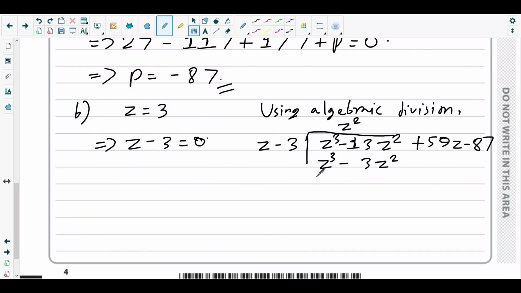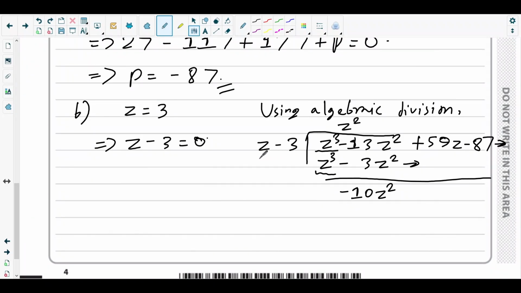So that the z cubed gets eliminated, as you subtract the second expression from the first. So z cubed cancels out, and negative 13z squared minus 3z squared, minus negative 3 becomes plus 3z squared, gives negative 10z squared.